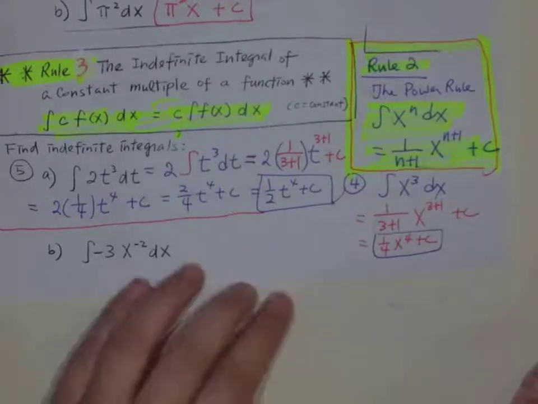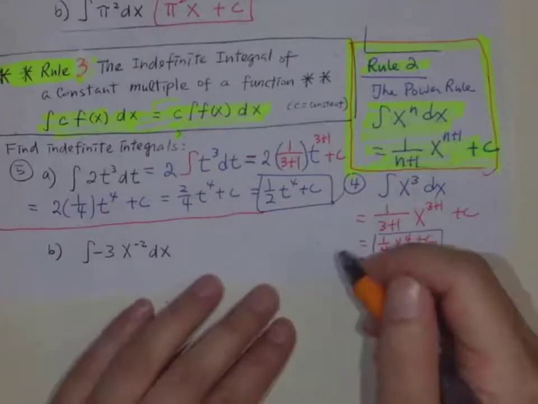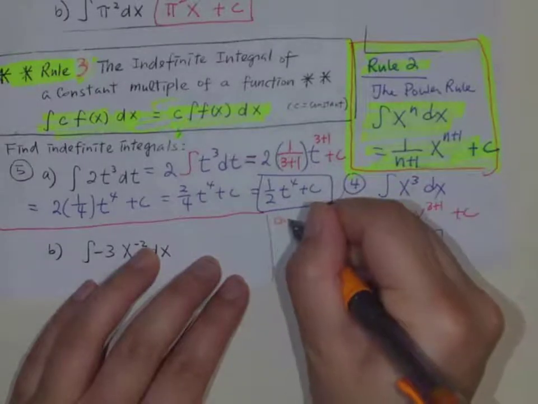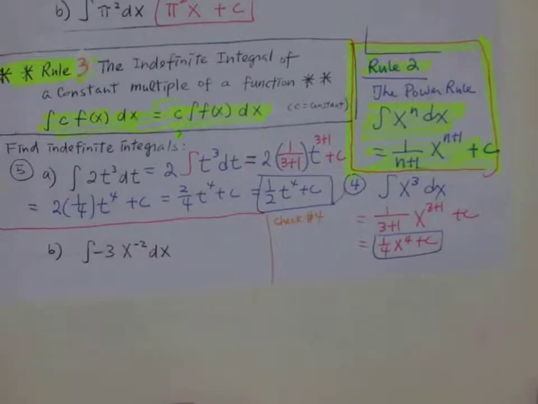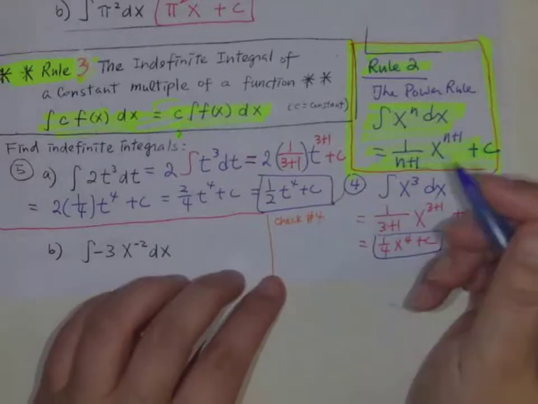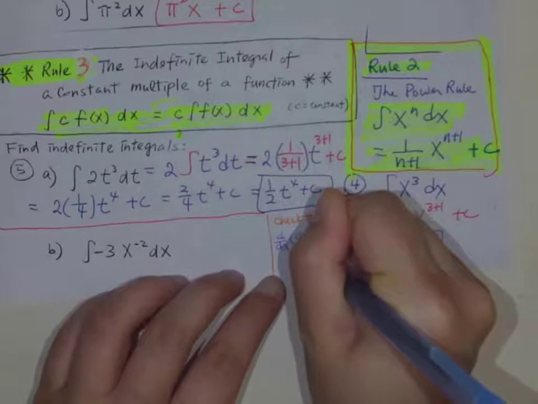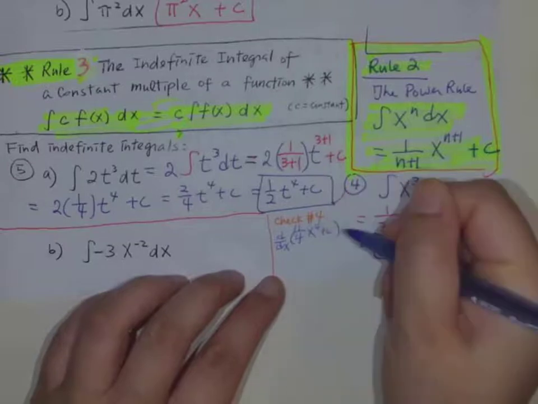And if you try to check it, we could if we want to. So do we want to? Okay. If we try to check number 4, we're taking d dx of 1 over 4x to the 4th plus c.